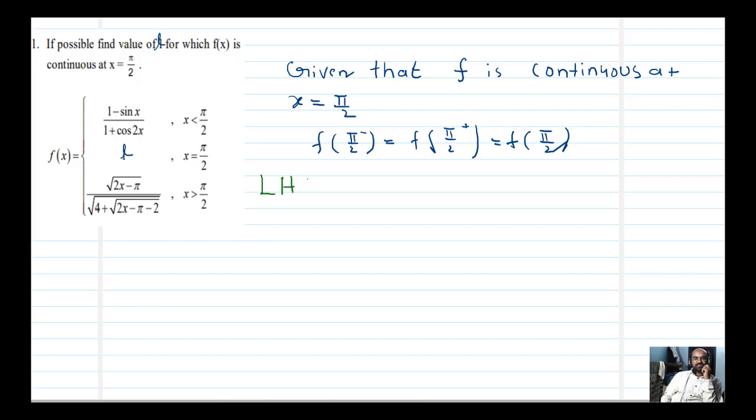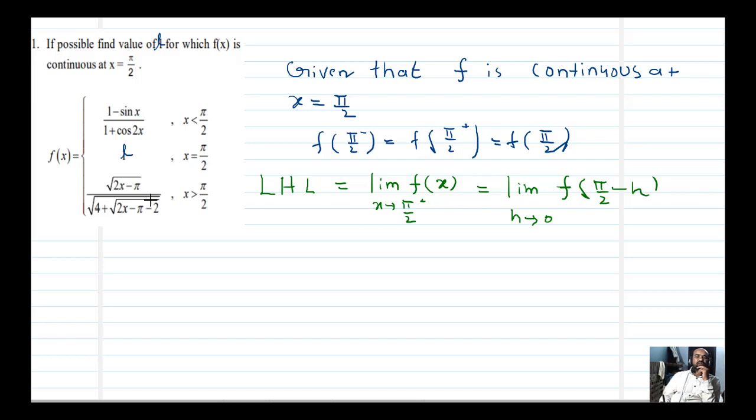LHL is equal to the limit of f of x where x is tending to pi by 2 minus, or directly this is the same as the limit of f of pi by 2 minus h where h tends to 0.